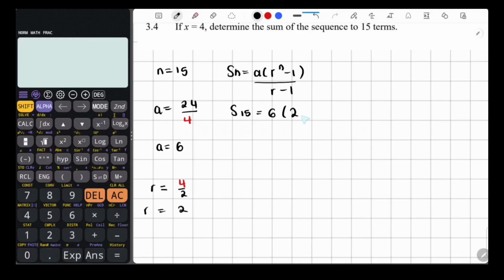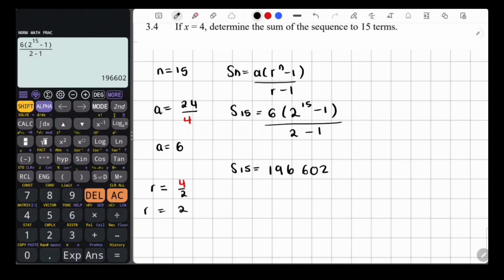So I'm just going to say 2 to the power of 15 minus 1 over 2 minus 1. And then you can go ahead and put that onto the calculator and see what you get. And so when we substitute that, we get 196,602. So that is the final answer.